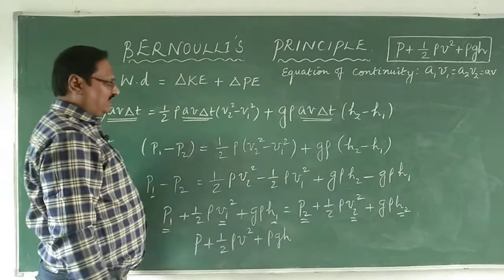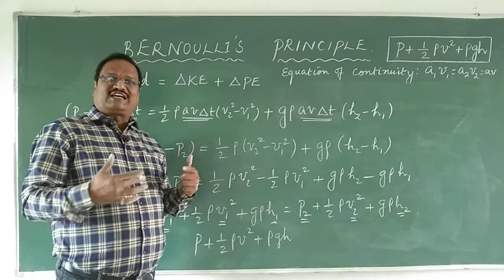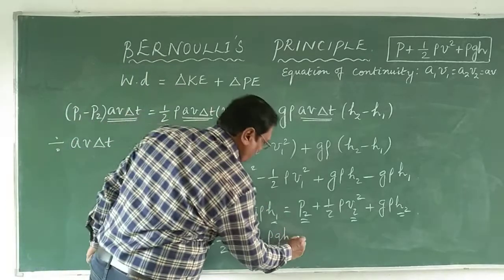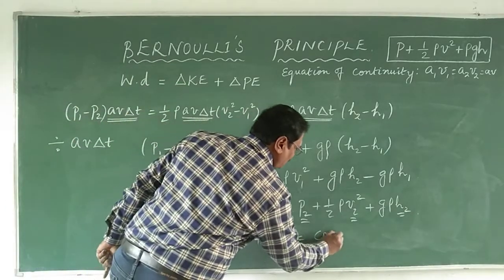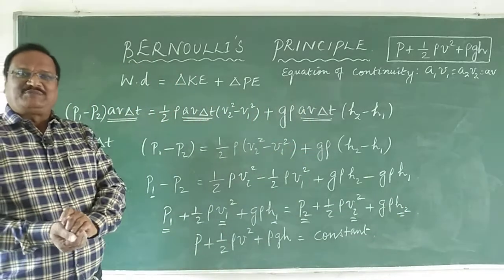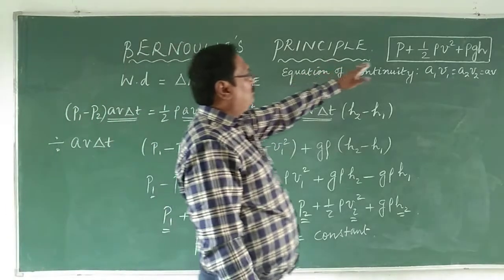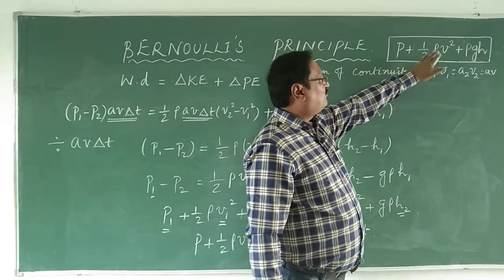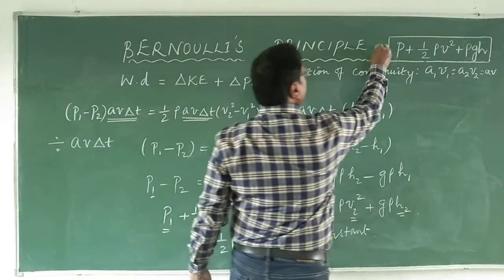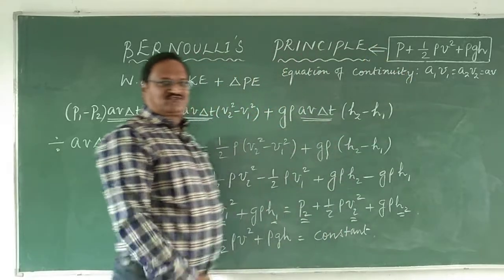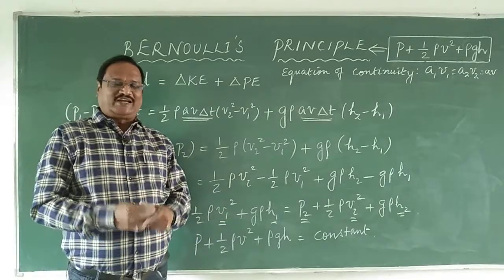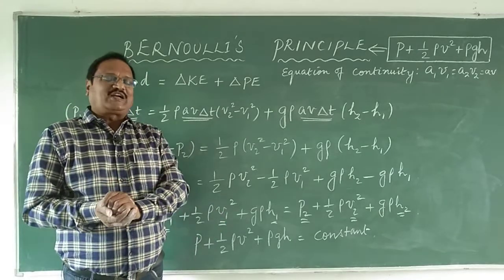It will be better to write rho GH, because usually we say rho GH. That is equal to a constant. So dear students, ultimately we have reached P plus half rho V square plus rho GH is a constant. This is Bernoulli's principle. We have proved Bernoulli's principle. I hope you understand. Yes, it will come by practice.